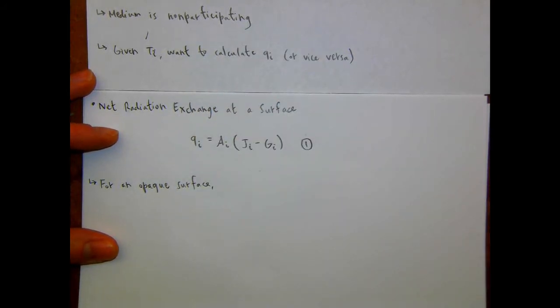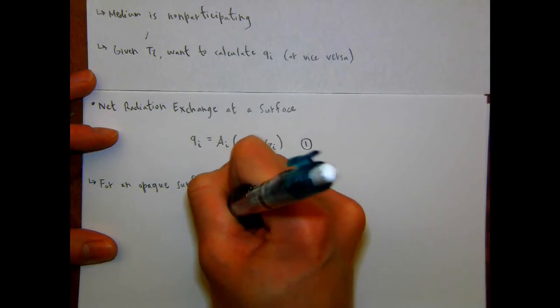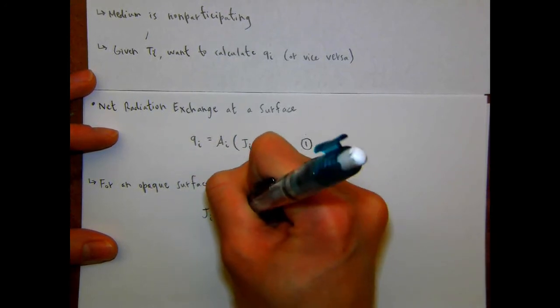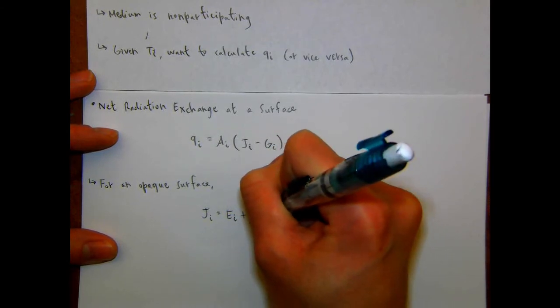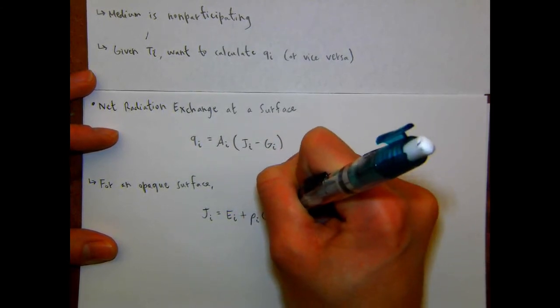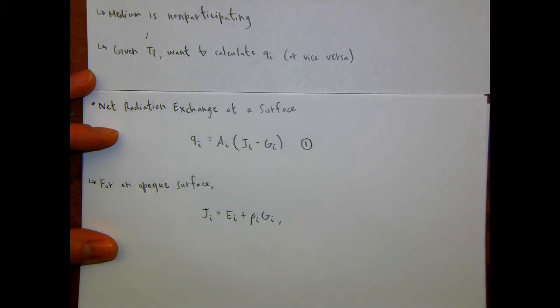So for an opaque surface, we know the radiosity is just equal to the emission plus the reflection, since there is no transmission. And again, the subscript I is just indicating that we're talking about this specific surface I.